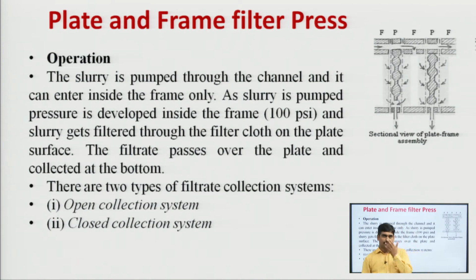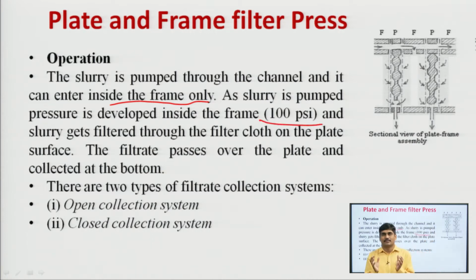Now, the operation of the plate and frame filter press: what happens? The slurry is pumped through the channel and enters inside the frame only. As I have explained in the previous case, slurry enters the frame, not the plate. As slurry is pumped, pressure is developed inside the frame, up to 100 psi.